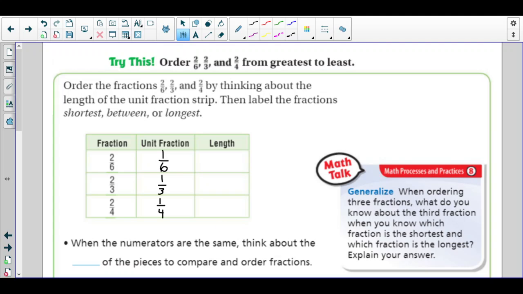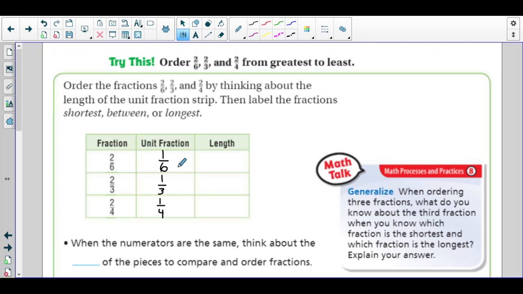So as we are looking at these right here, which one is going to be the longest, which one's going to be the shortest, and which one is in between? Well, remember, when we have the denominators, the higher that number, the more that we're dividing it, the smaller it gets. Okay?